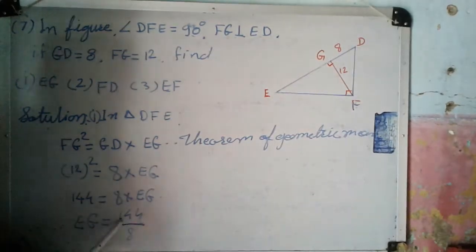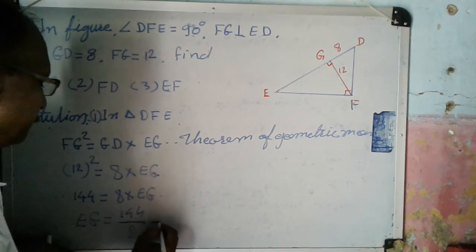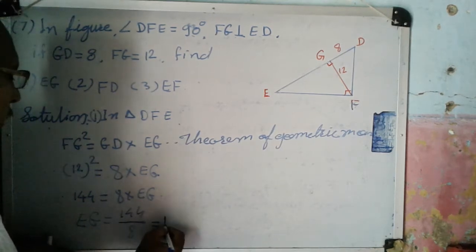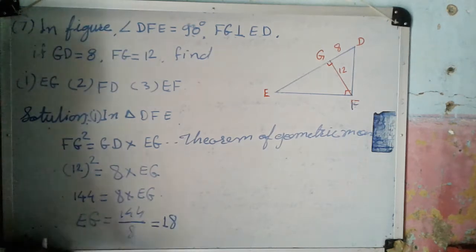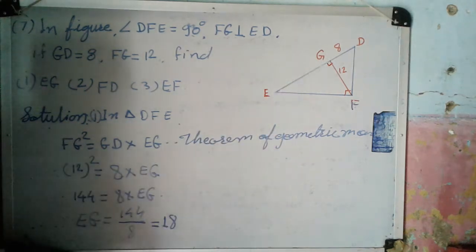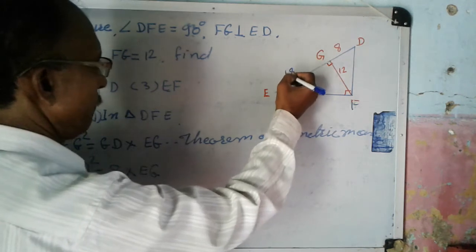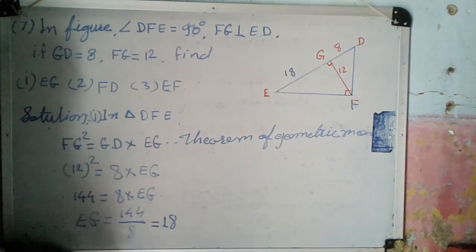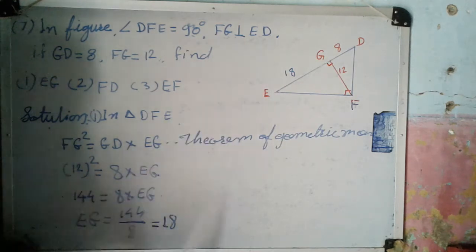After dividing 144 by 8, here we get 8 ones are 8 and 8 8s are 64. That means 18 8s are 144. So here we get EG is equal to 18. This is our first answer. EG is equal to 18.